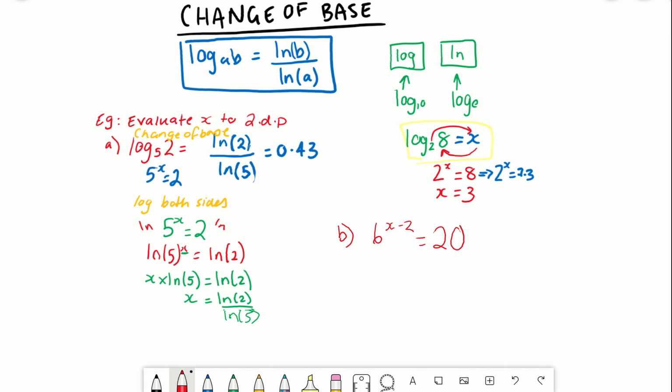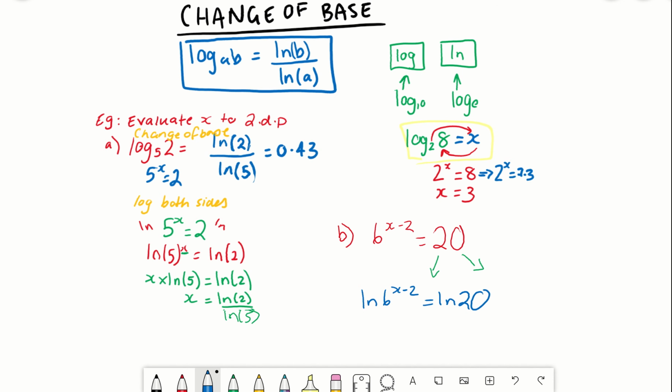Depending on which way you wanted to go about this one, you could have done it as a change of base or logging both sides. I'll show you both, in case you were doing either one. If I did log both sides, that one probably comes quicker to me because it's already in exponential form. So I'd have log of 6 to the power of x minus 2 equals log of 20.